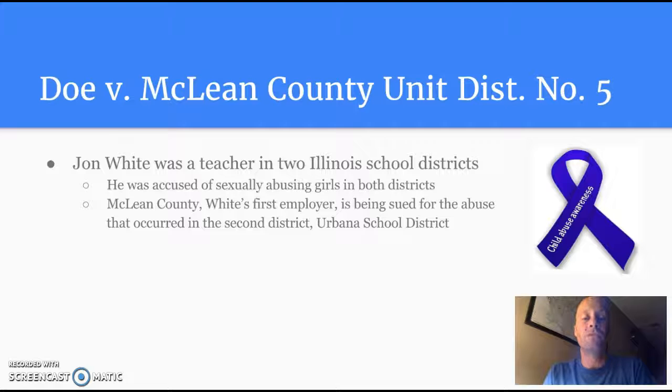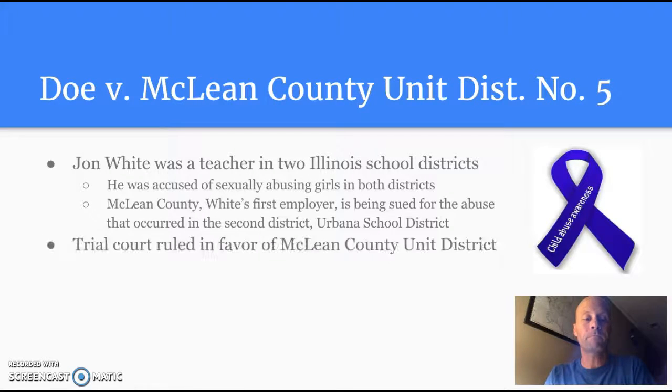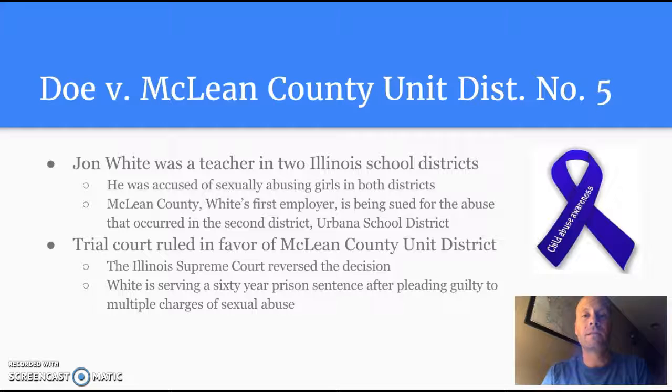And so he was being sued, saying that the abuse that occurred in the second district was actually caused by McLean County. The trial court initially ruled in favor of the McLean County Unit District. However, the Illinois Supreme Court reversed that decision, and White is currently serving a 60-year prison term after pleading guilty to multiple charges of sexual abuse.